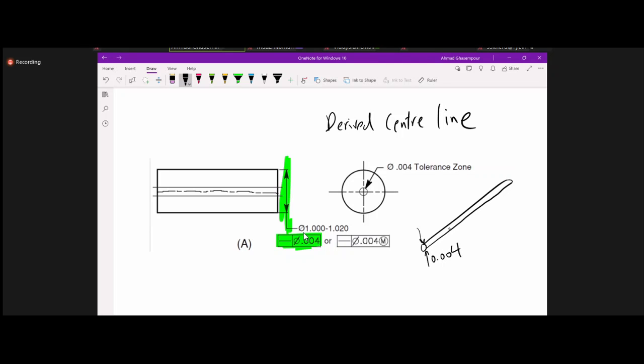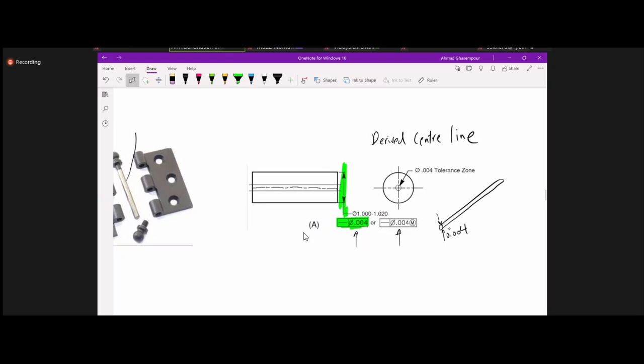Now, you could have that without MMC, or you could have that with MMC. The main difference is that when you have MMC, and we'll talk about this later on, you can actually make a go/no-go gauge, kind of a functional gauge, and test this with a gauge. Whereas if you don't have that, you have to find other ways of inspecting and making sure that the part matches the tolerance.